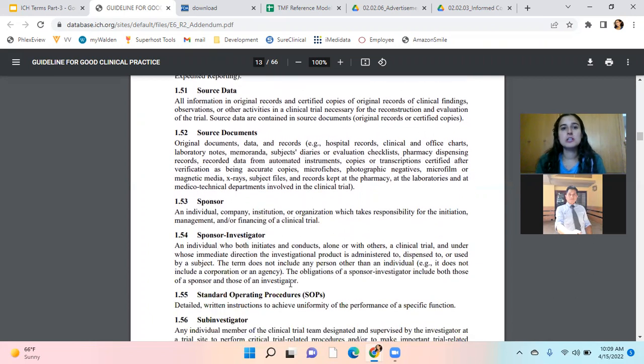Okay, source data. All the information in original records and certified copies of original records of clinical findings, observations, and other activities in a clinical trial necessary for the reconstruction and evaluation of the trial. So we talked about how the TMF, the idea, and as it's mentioned here, is through the trial master file, somebody, like what we talked about, a regulatory authority, can recreate and really understand what was occurring within the study.